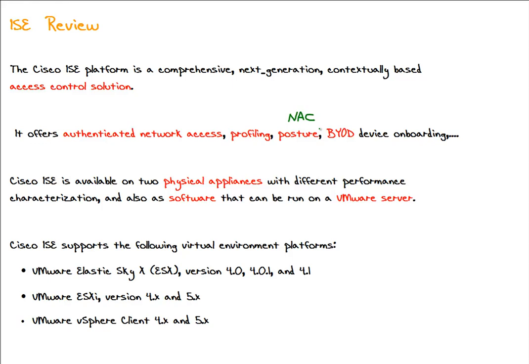Cisco ISE is available on 2 physical appliances with different performance characteristics, and also as software that can be run on a VMware server. In our environment, we use this flavor, software that is installed or run on a VMware server.